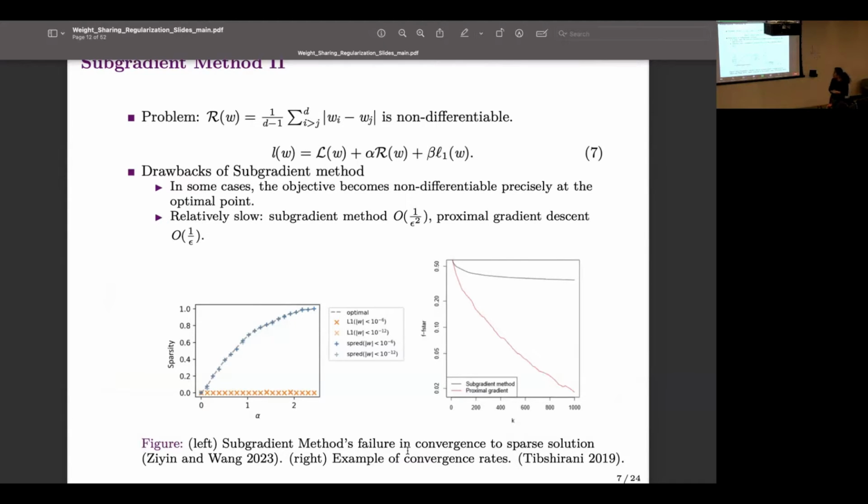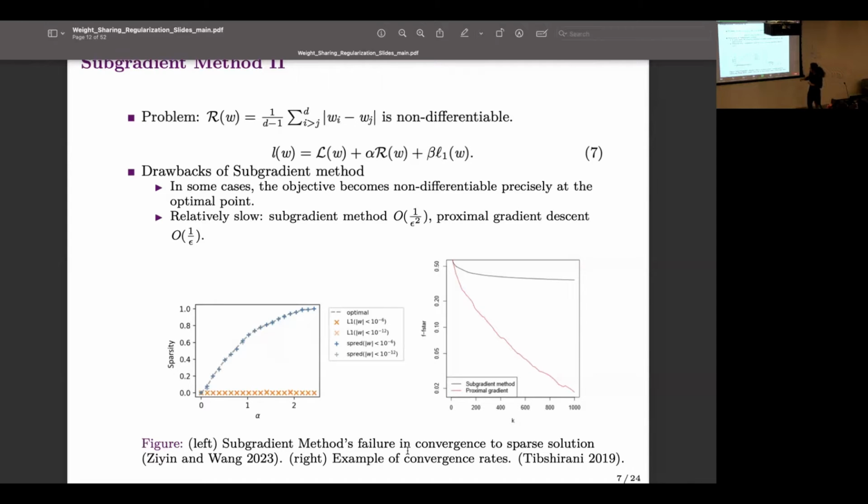There has been some work that has shown that, imagine you want the networks to be sparse, exactly at the optimal point of the L1 you get the non-differentiability, and this makes the optimization process very hard.